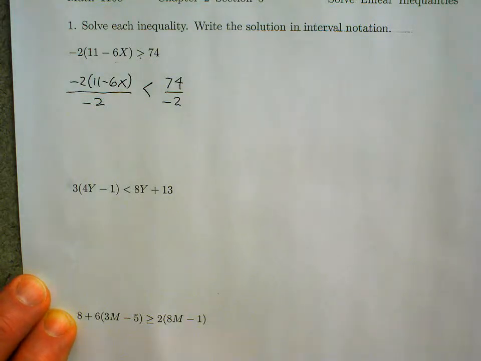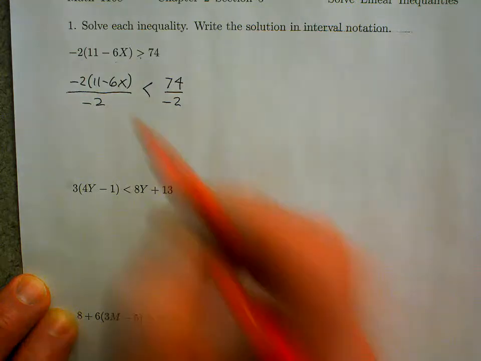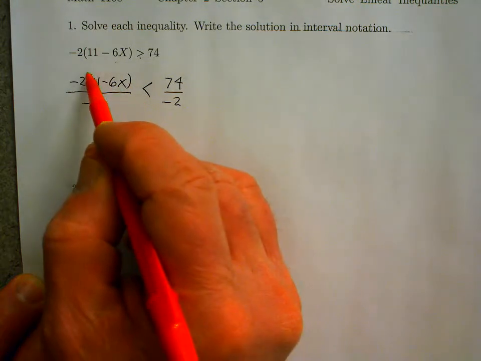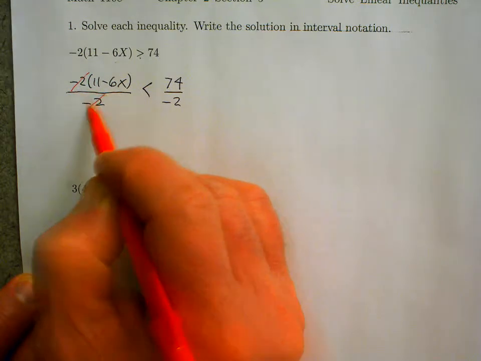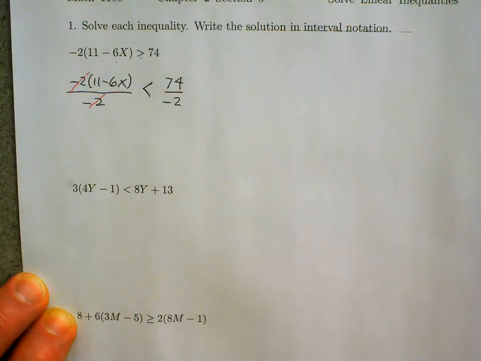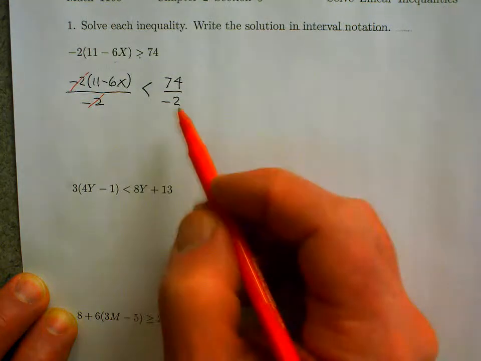Okay, on the left-hand side, we get a cancellation. That's the purpose of dividing both sides by -2. -2 divided by -2 is +1. And on the right-hand side, well, we'll do that in the next step.